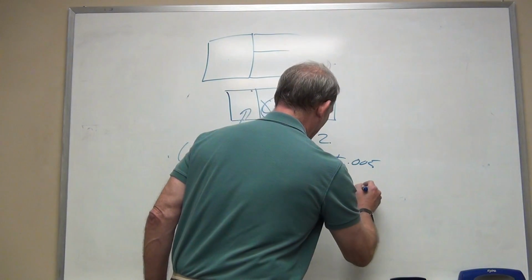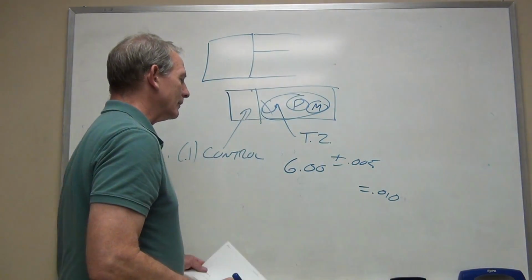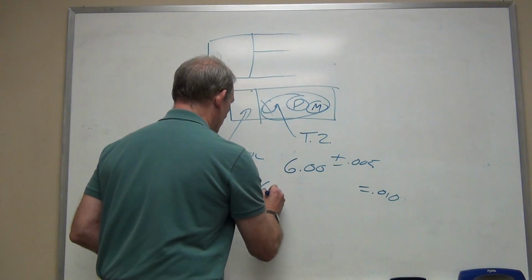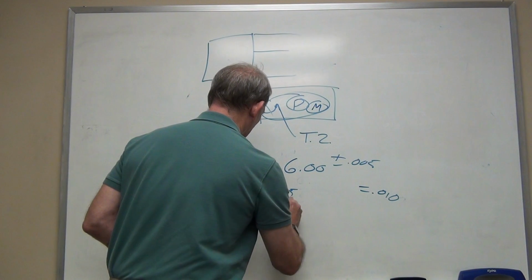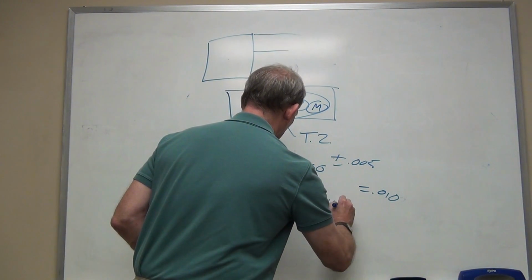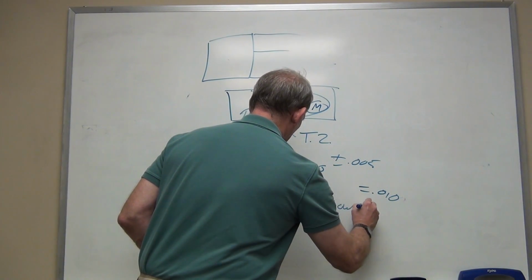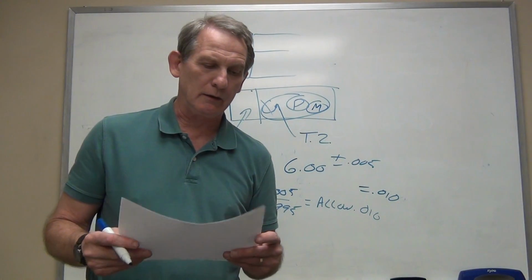It is 10 thousandths. Now, it's a little bit easier to think about it if you do it in limit form, because it is the difference between the upper limit and the lower limit.